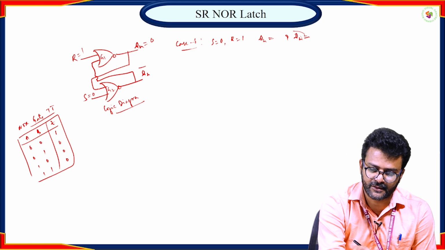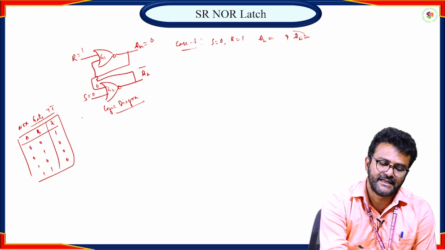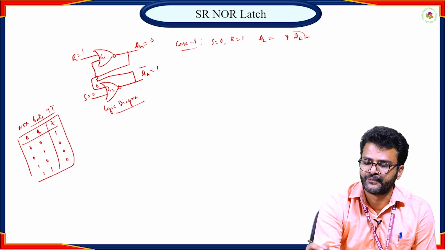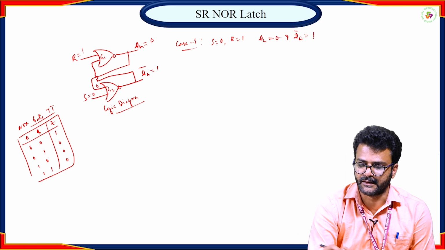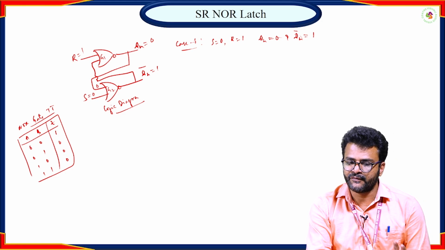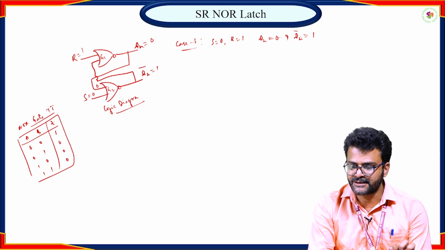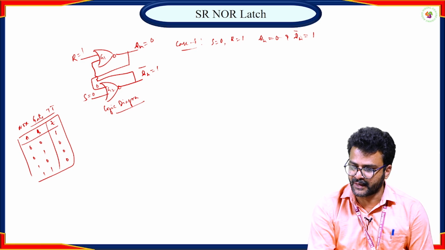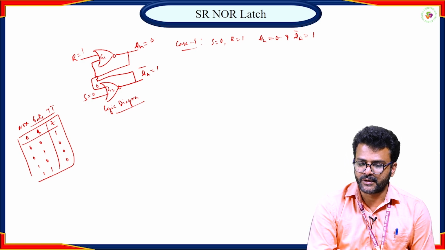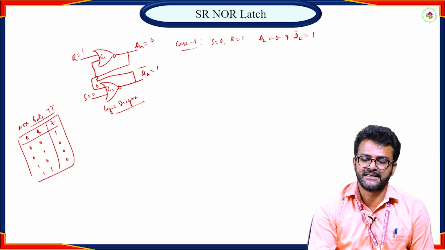This 0 is passed across to the other gate, and if both inputs are 0 0, the output is 1. So Qn is 0 and Qn bar is 1. Now when S is 0 and R is 1, Qn is 0 and Qn bar is 1. Now we'll remove this input and see whether there is a change in the output or not.